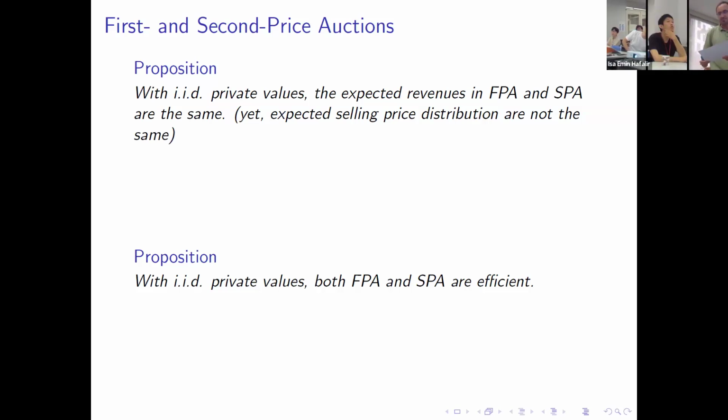Wait, so why don't you need to multiply by n minus 2? What do you mean? Because there are n minus 2 ways to choose the guy who is... No, but remember I'm relating the density, which basically means the probability that the second highest out of n minus 1 is exactly at this value y.